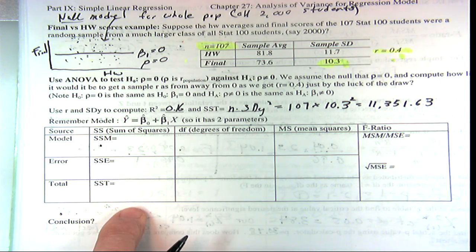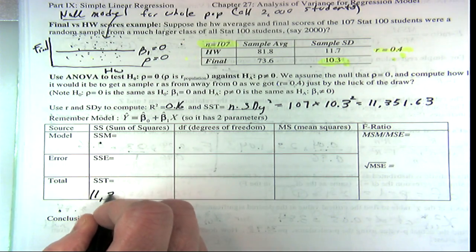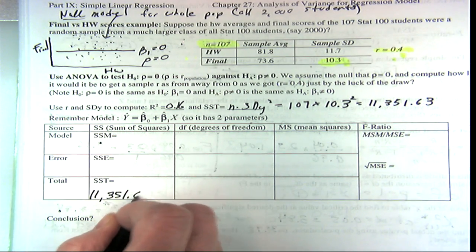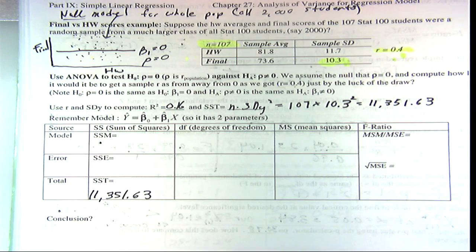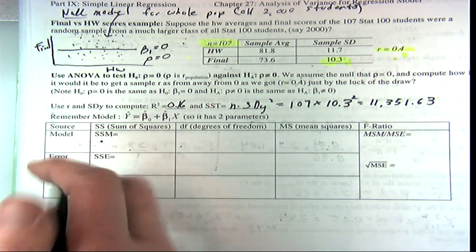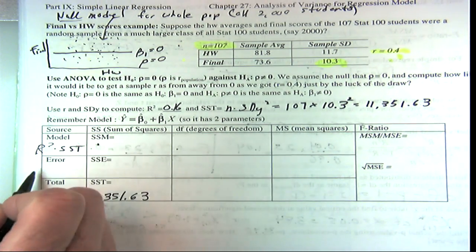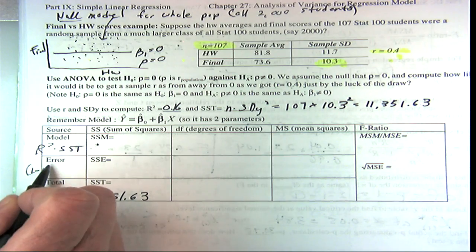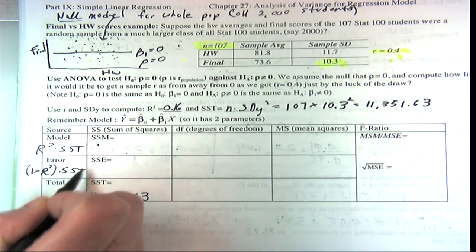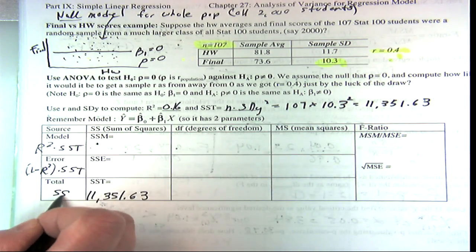And that's what we put down here if we want to fill out this chart. Okay. So let's do that. 11,351.63. Now we're going to break that up into two parts. The part that's due to the model, all we're doing is saying R squared times SST plus 1 minus R squared times SST is equal to 1 SST.